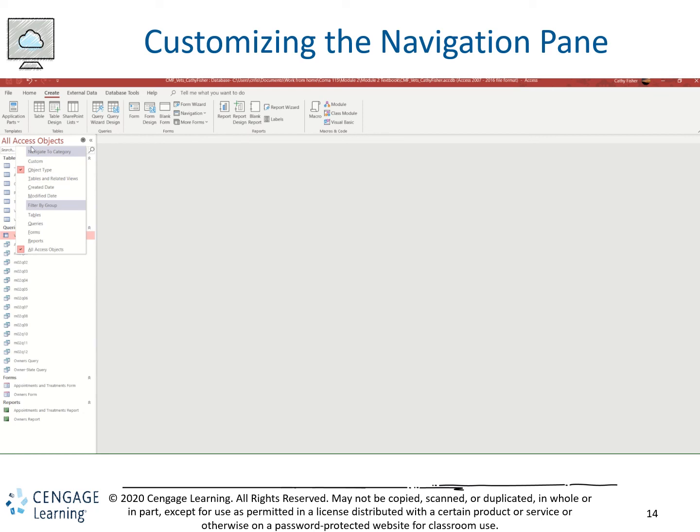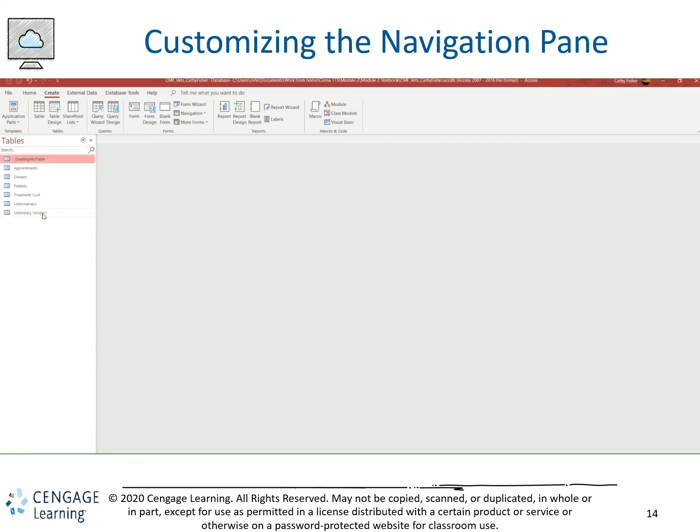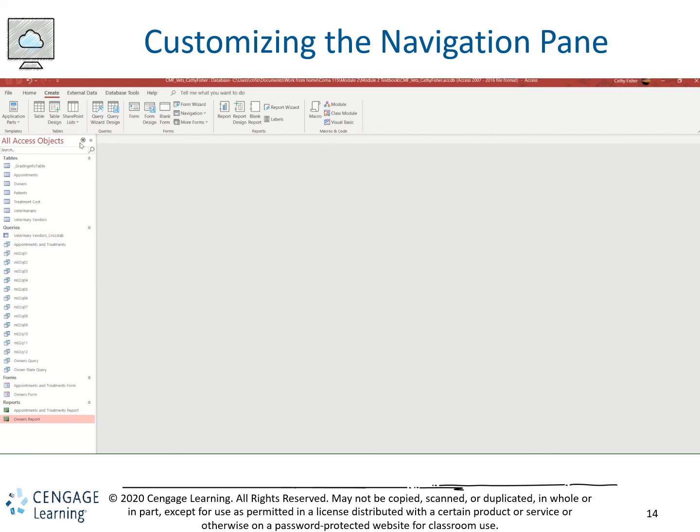We can change the ways that it looks, but this just shows them filtered. So if we filter by tables, it only shows tables. If we only want queries, it'll only show queries, reports, but we usually want all access objects.